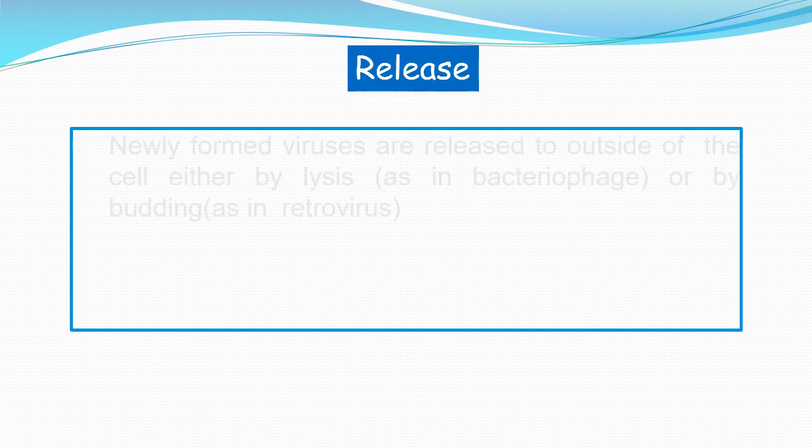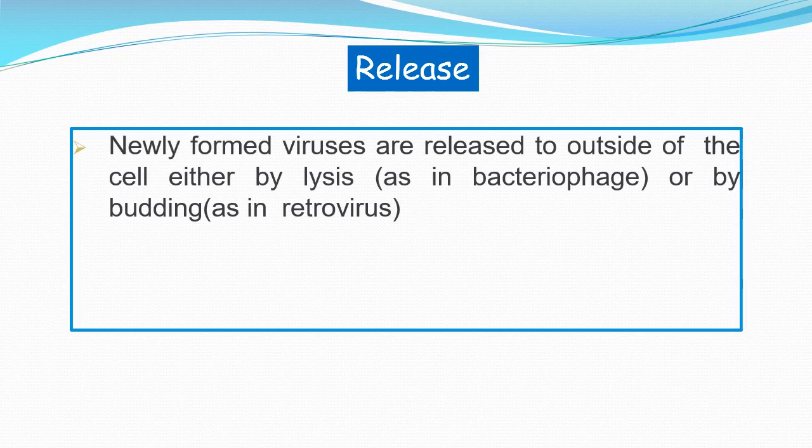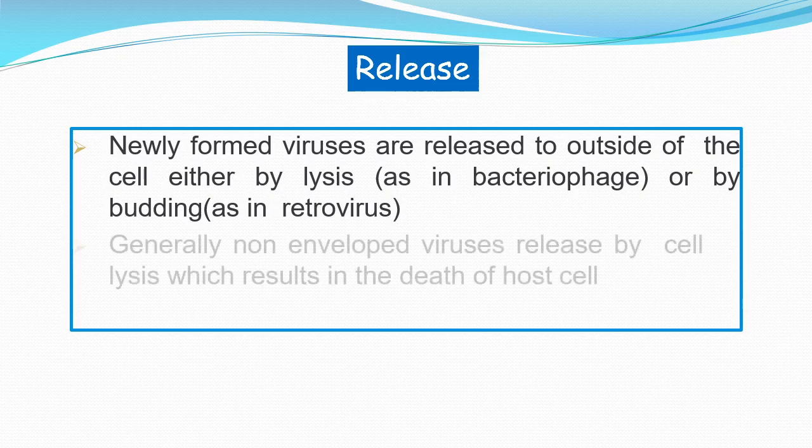The sixth step in viral replication is the release. Newly formed viruses are released to outside of the cell either by lysis as in bacteriophage or by budding as in retroviruses. Generally, non-enveloped viruses release by cell lysis, that is breakdown of the cell membrane, which results in the death of host cell.